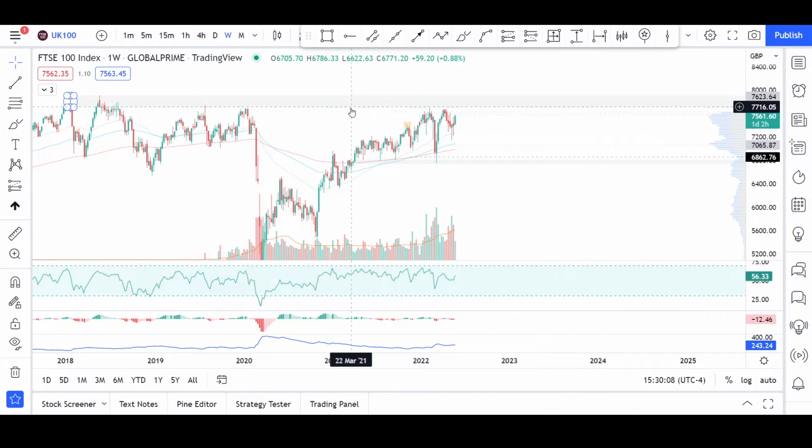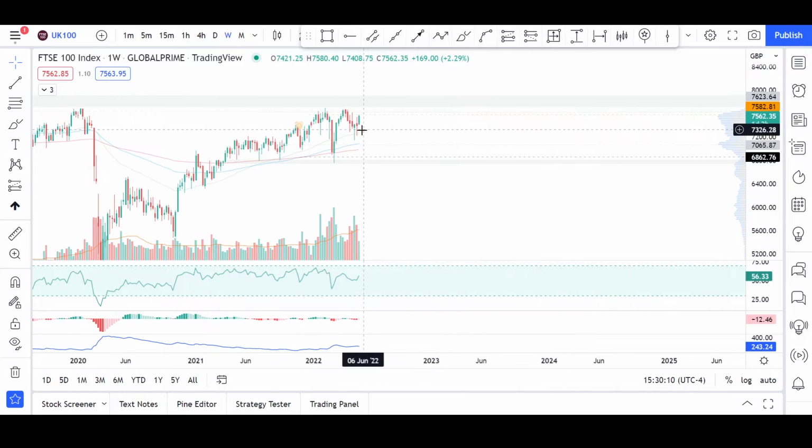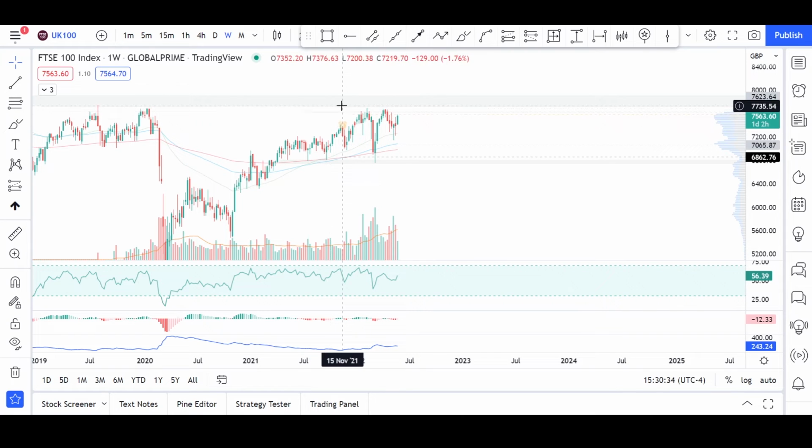So right now we are still struggling with this area of 7,600s, but there is still a possibility of getting through this level.